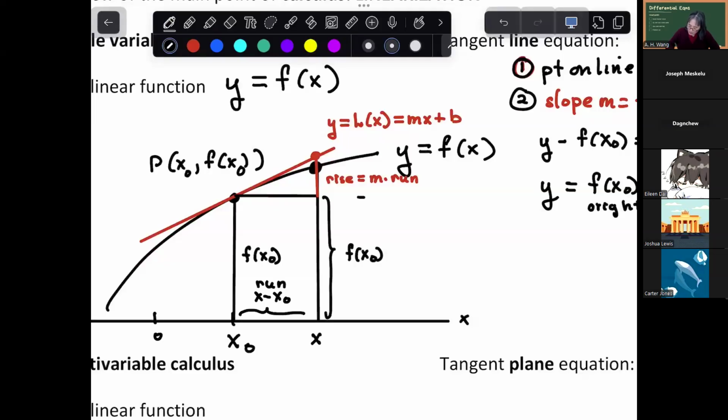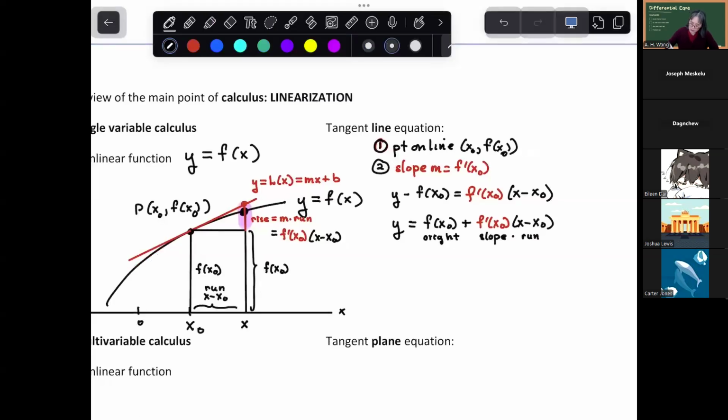So the slope is f prime of x naught, and then the run is x minus x naught, right? So the rise that you get over here, that's basically the slope times the run. And this is the run right here, right? So what you're doing is you're going to rise up this much, and you want to get this. So you can see that this is the rise.